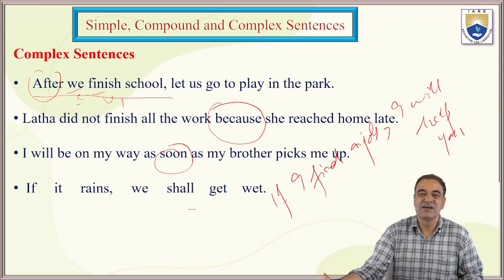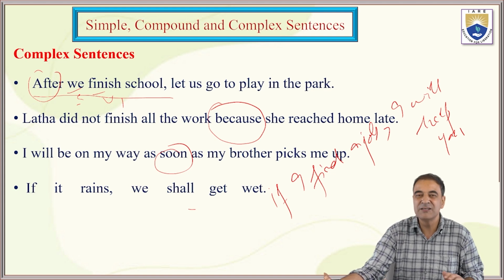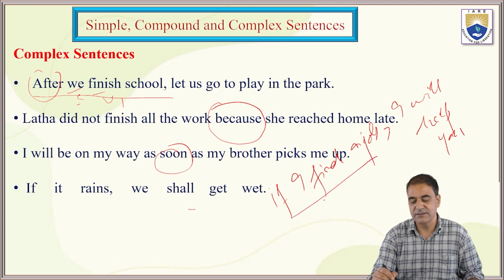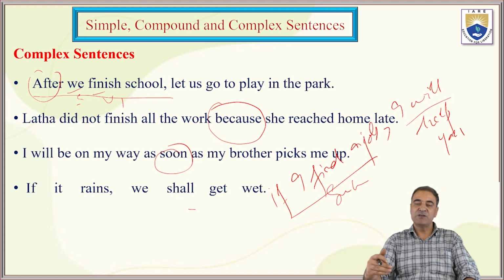And it doesn't give sense. If I find a job, then what next? It doesn't give complete meaning, complete sense. Therefore, we can say that this is a subordinating clause or dependent clause. And the next one is I will help you. It's the main clause. If we separate this clause from the main sentence, it will give the complete sense, it will give the complete meaning.